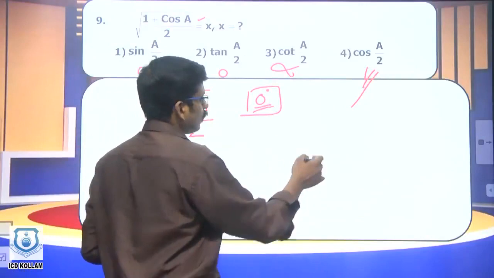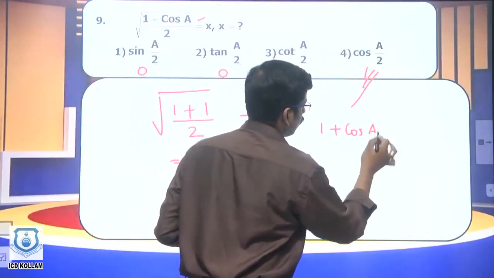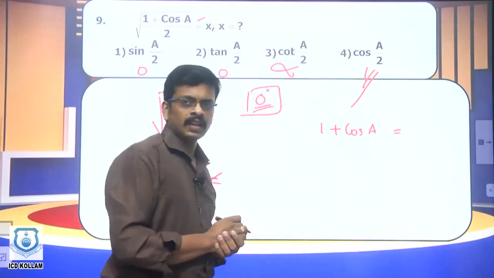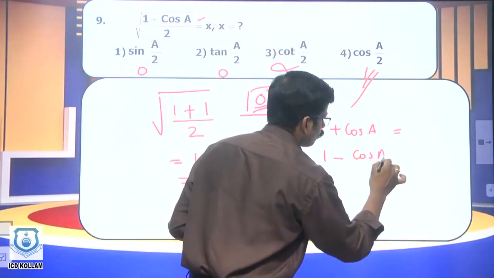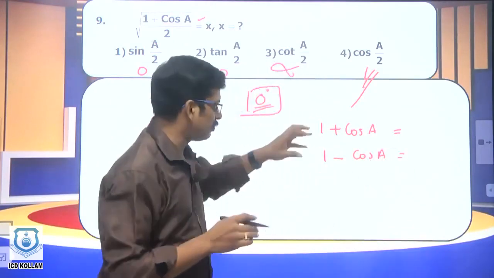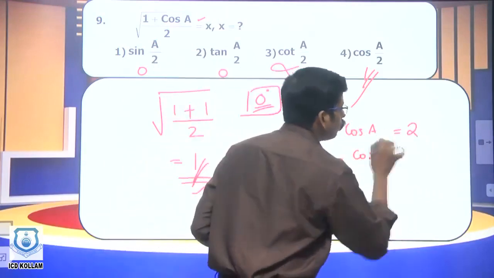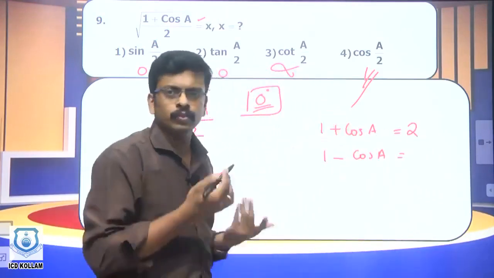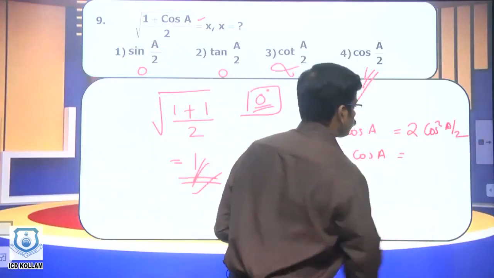Even if this is a trigonometric function, we can apply the value in the options. Now the real method of solving this question: you need to understand what 1 plus cos A is. At the same time, you need to learn 1 minus cos A also by heart. These two have some relation. 1 plus cos A is actually 2 cos square A by 2.